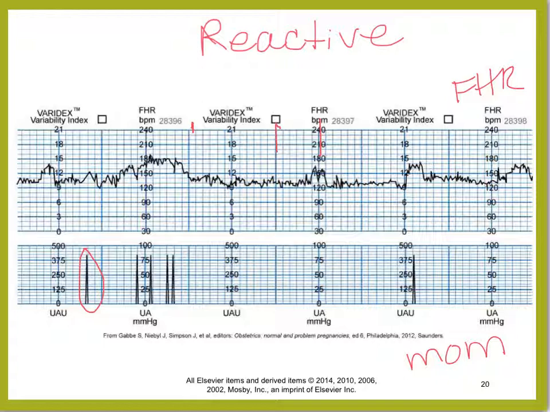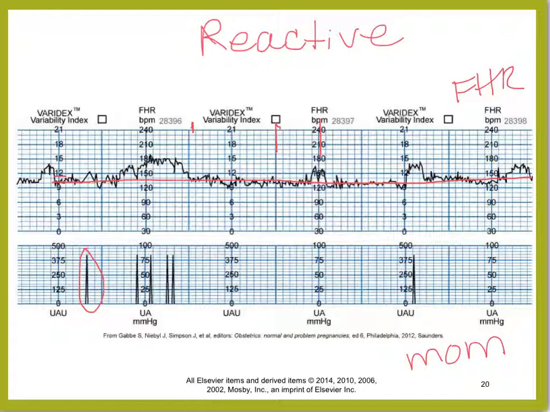When we try to determine what is a normal baseline for baby, we're going straight down the middle of this strip. From the looks of this strip, this baby's heart rate is running a normal heart rate around 130, 140, between there, 130 to 140, that's normal baseline.